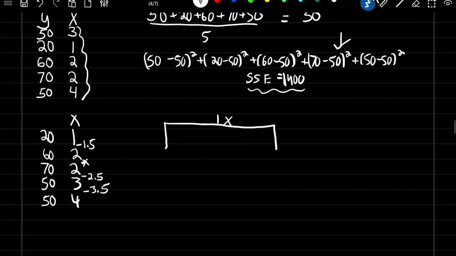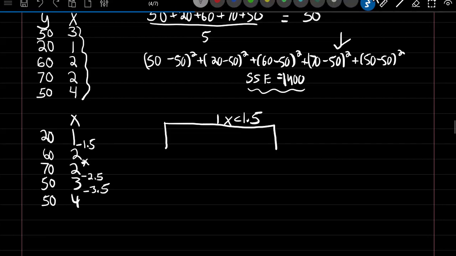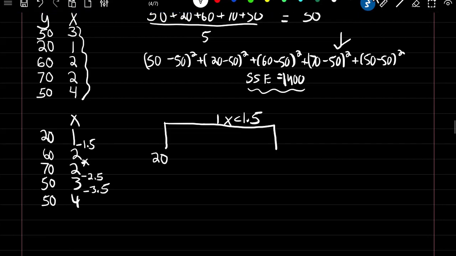So we'll say when x is less than 1.5, and now we're going to create which way the observations will go. Since our first observation, x is equal to 1, is less than 1.5, it'll go to the left. So we'll have a y value of 20. Now for the other 4 observations, the x value is greater than 1.5, so they'll go to the right.